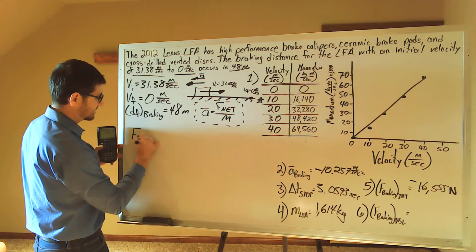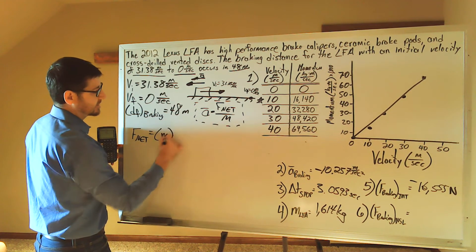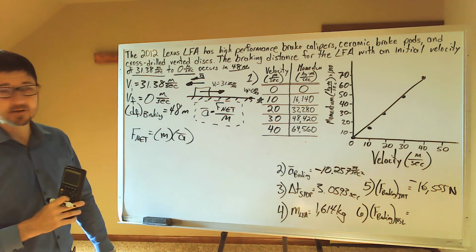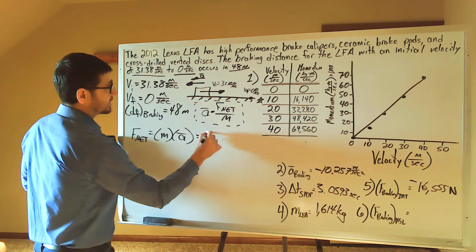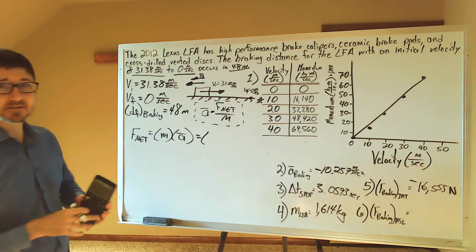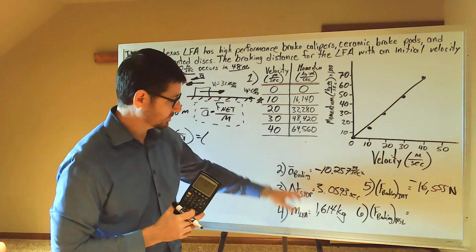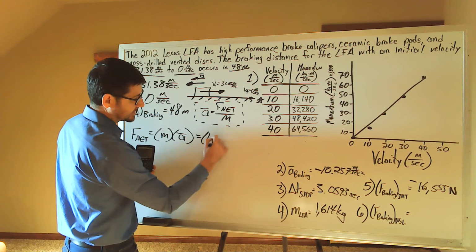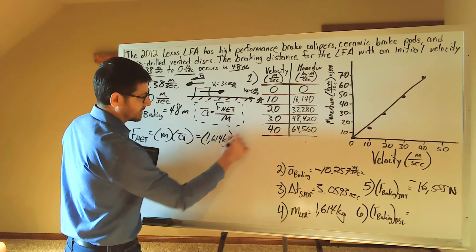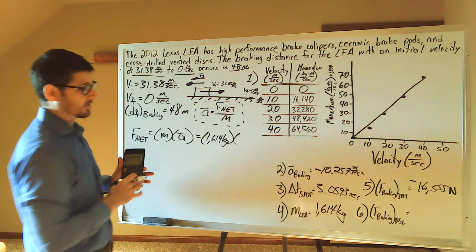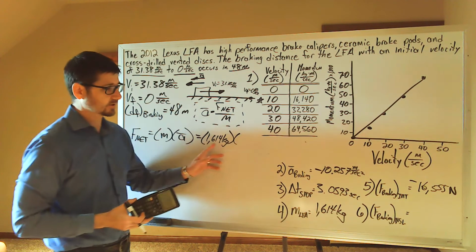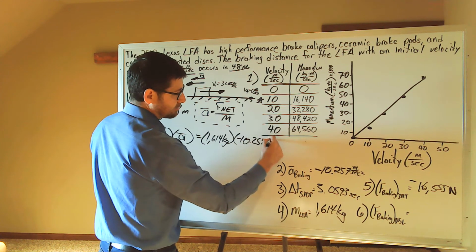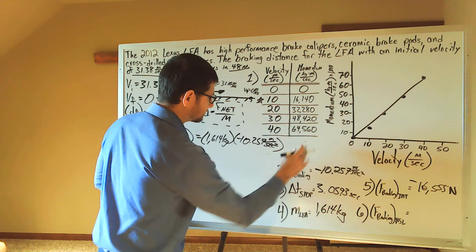So F net is equal to the mass of the LFA multiplied by the LFA's acceleration. So what I have is our mass. Once again, we're going to use our calculated value, 1,614 kilograms. We're going to use our calculated value for acceleration, which is negative 10.257 meters per second squared.